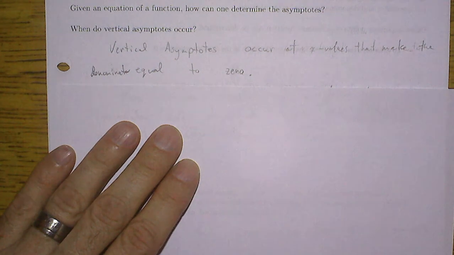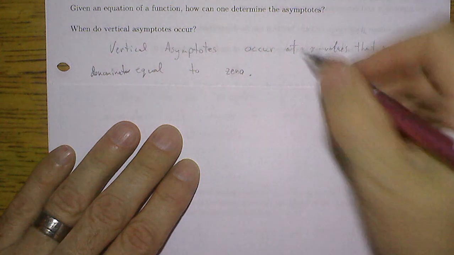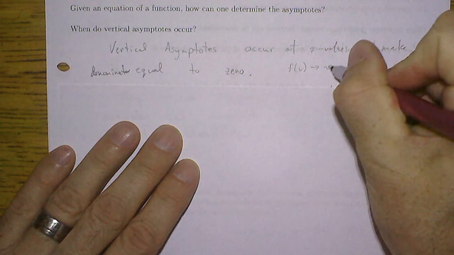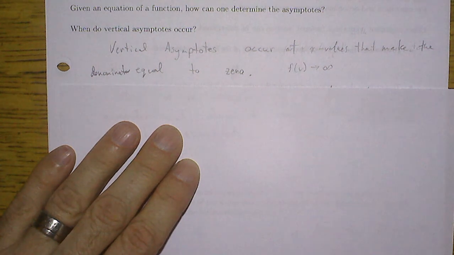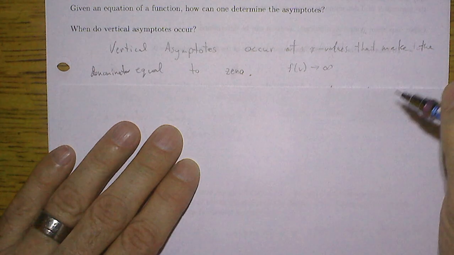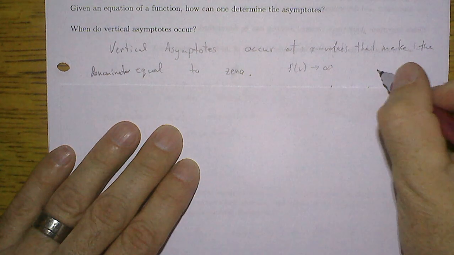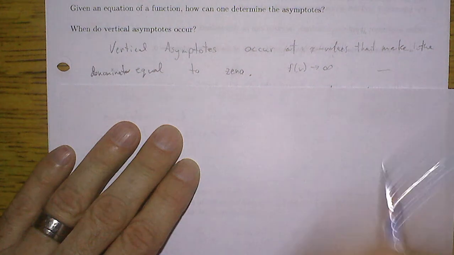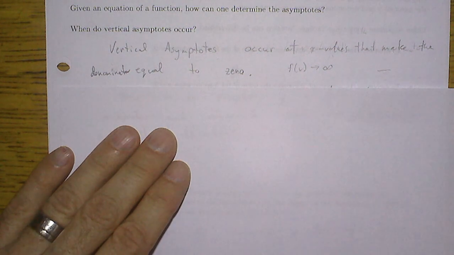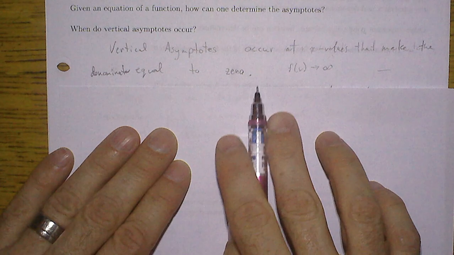If you think about it, that makes sense, because a vertical asymptote simply says f of x gets really, really large. And if our function has a denominator that is very close to 0, the y value will get very large. So we do have a vertical asymptote at our non-permissible values.